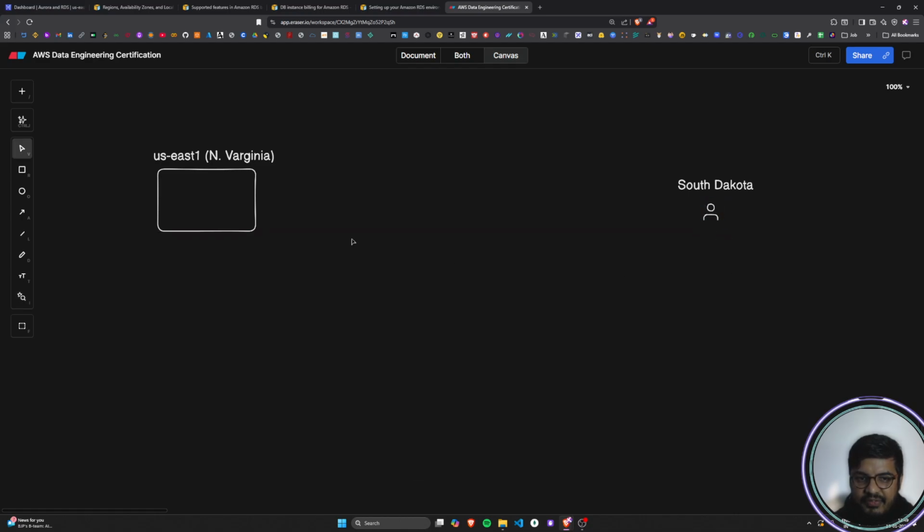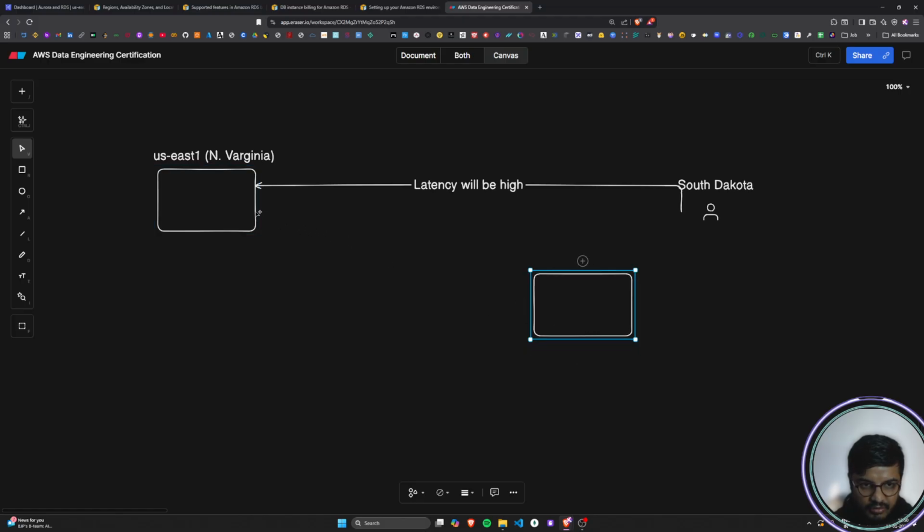And here, if he's sending some kind of request to this server which is there in North Virginia, our latency time will be high. Okay, latency will be high. So what we can do is we can replicate some kind of local zone for this particular deployment.